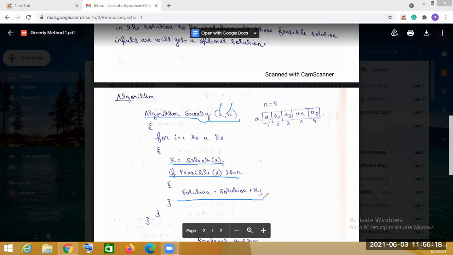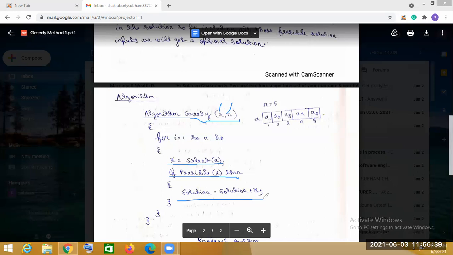If the output follows that condition, it will be inserted into the solution. Otherwise, we will reject it. So this is the algorithm of the greedy method.